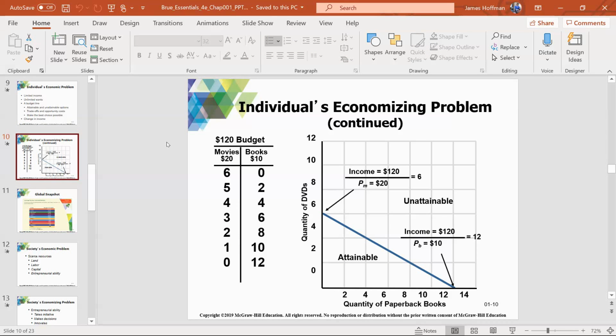Okay, so this concept of budget lines looks like this. This is some individual, and here we're applying two goods, which looks like DVDs and paperback books. Obviously that wouldn't be a very good example anymore, but this is an example from like 1990.